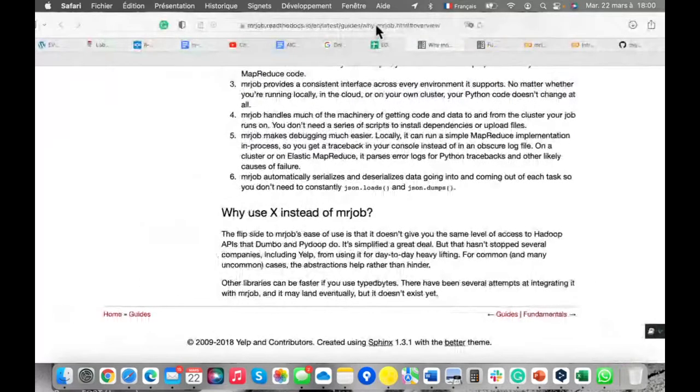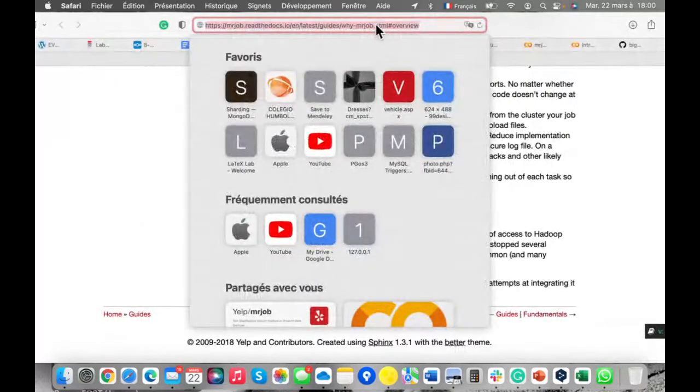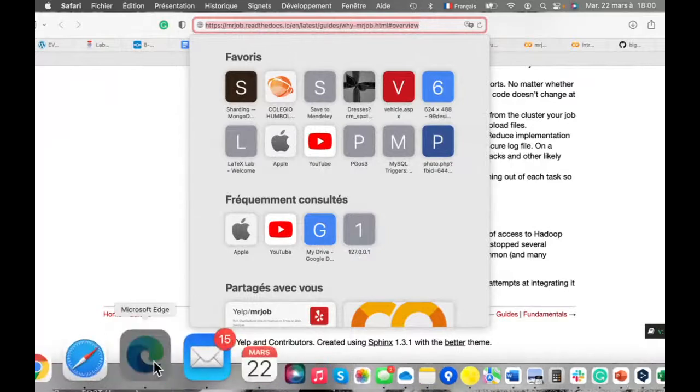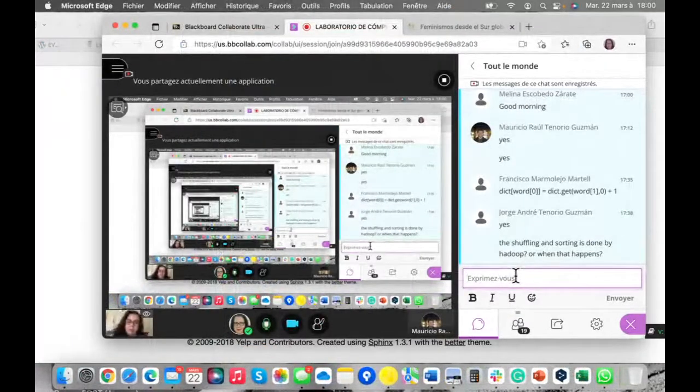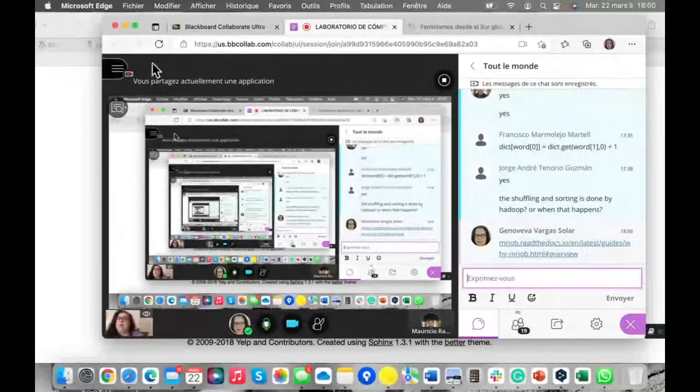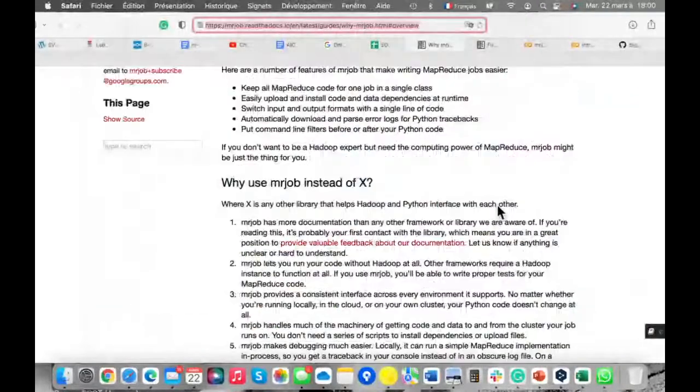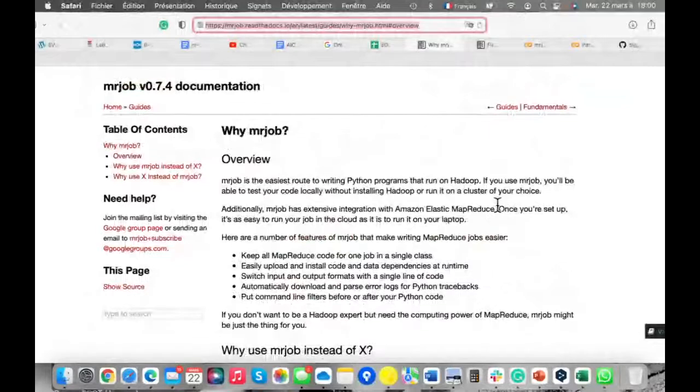I'm going to put the link here. MR Job is available on GitHub. What it does is it provides, particularly for Python, a lot of programs and predefined exercises in order to run Python programs on Hadoop.